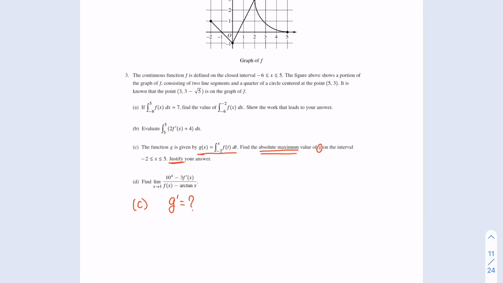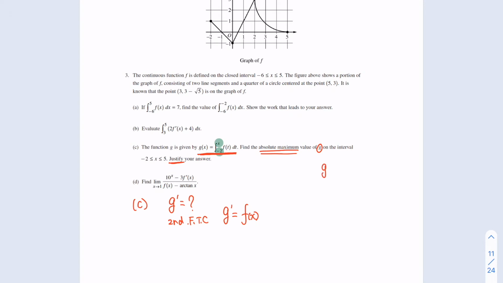Because g is an integral, when we take the derivative we have to use the second FTC. So g prime here will be equal to f(x). You have to be careful in this case because this is x and that's a constant number. When we take the derivative, we don't have to use the chain rule.